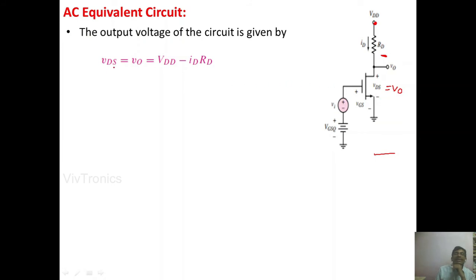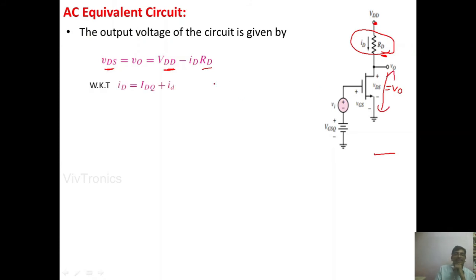So when we rearrange that equation, VDS will be equal to the applied DC voltage minus the drop in the resistor, which is ID into RD. So the total voltage minus these drops gives you the output voltage VDS.